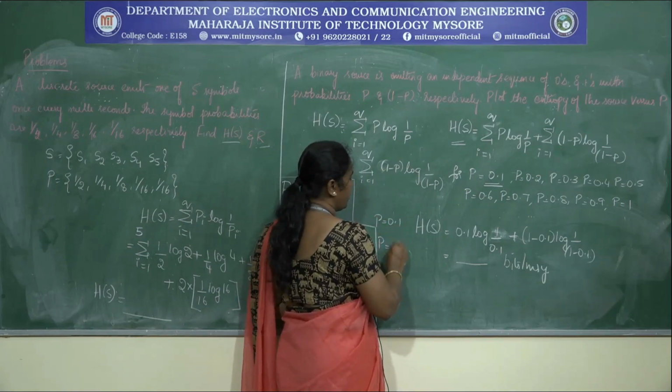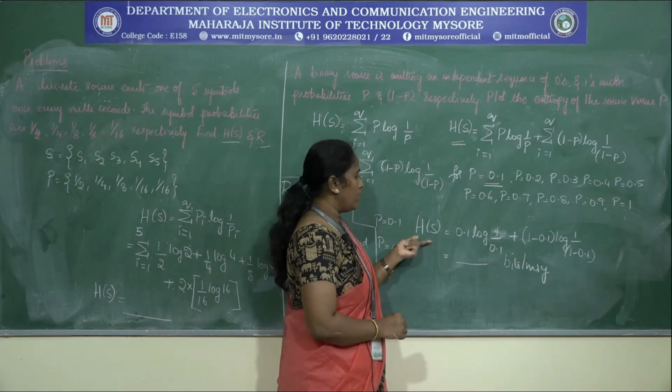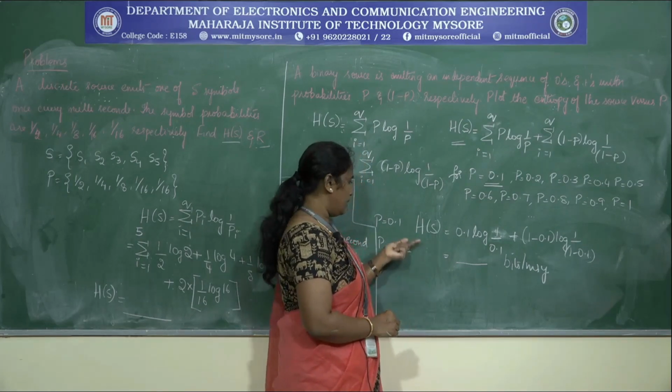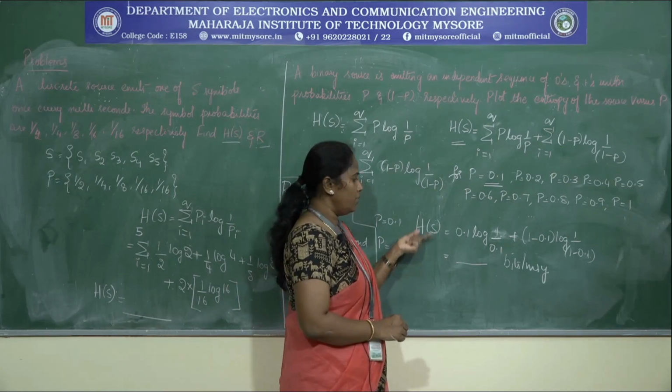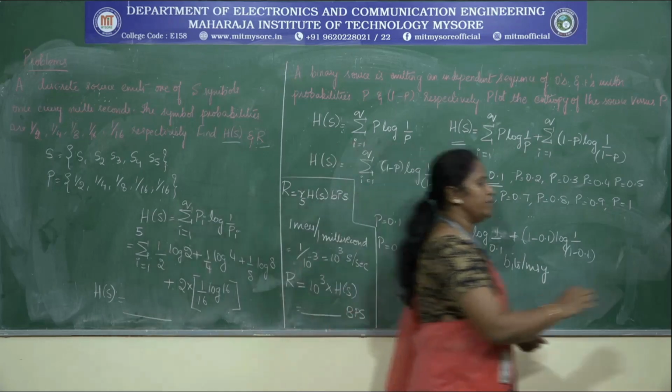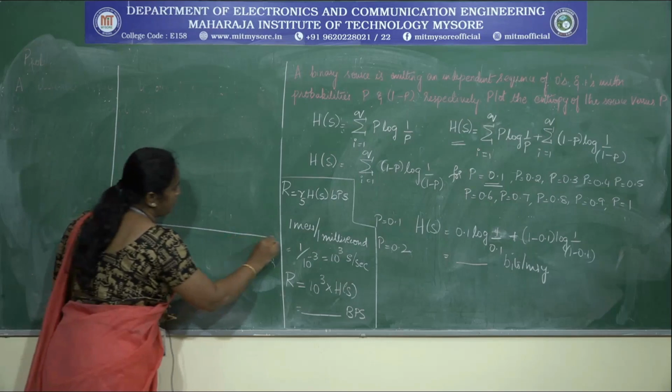This is for P is equal to 0.1. Similarly you need to find H of S for P is equal to 0.2. If you go on giving the values of P up to 1, you will be getting a graph, that is entropy versus probability.